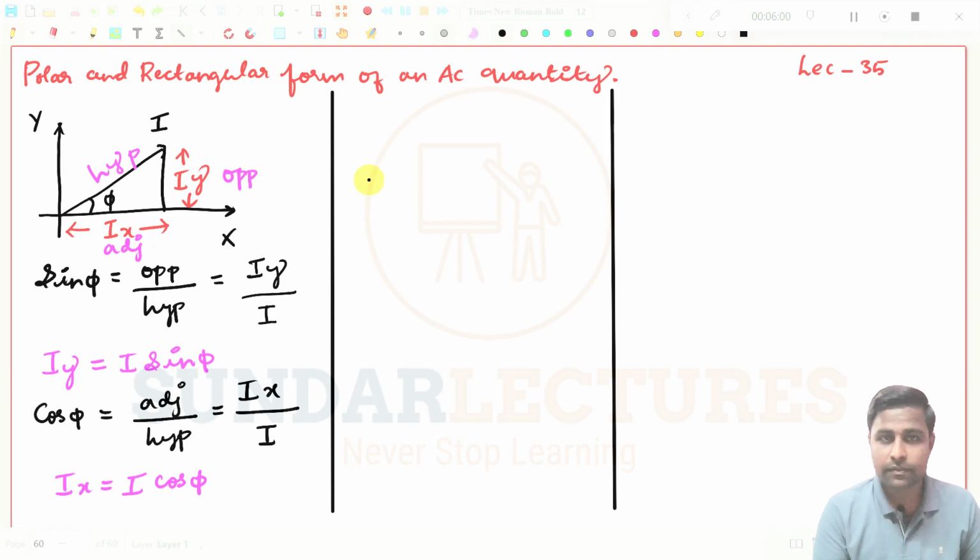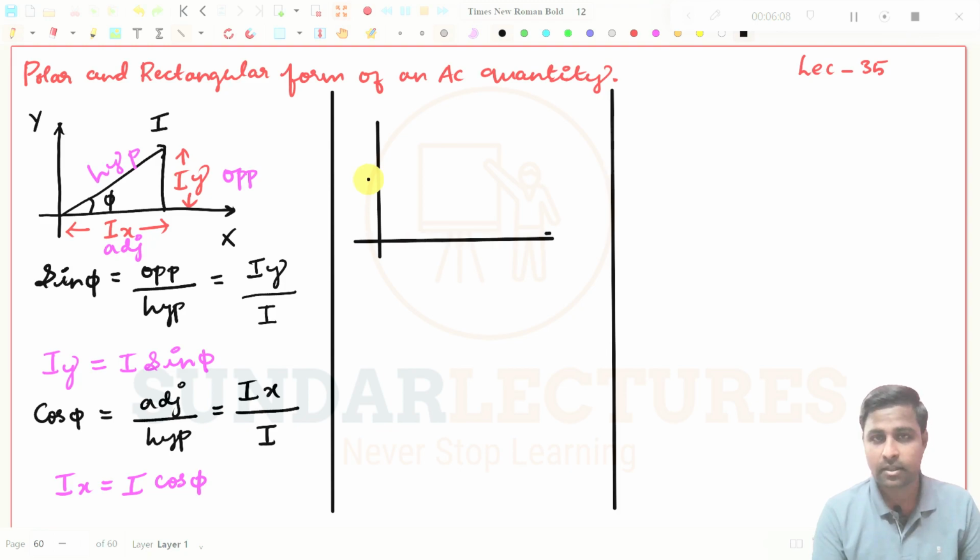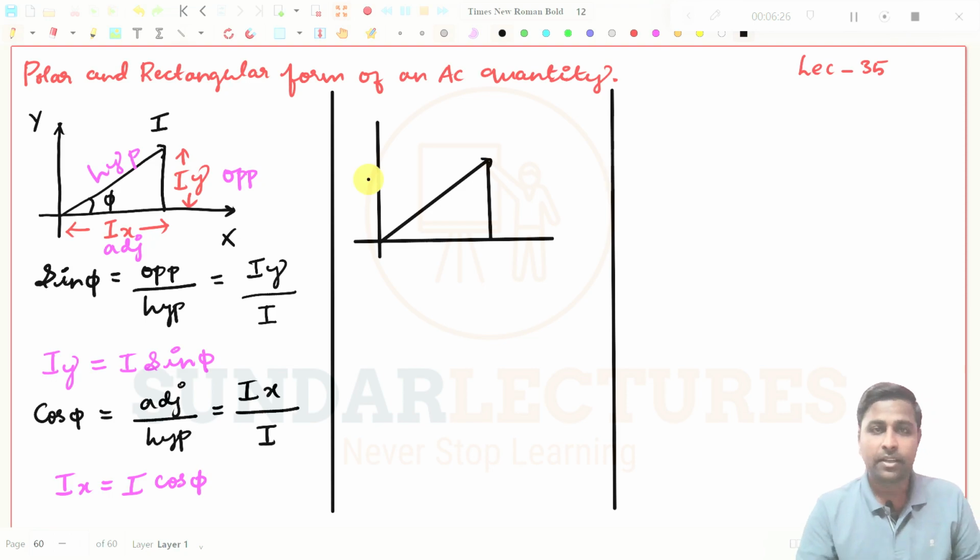See, if this is the y-axis, and if this is the x-axis, and this is the value, that is I. If I draw like this, then I can simply write, if this is the value of I, then this value, which is Iy, is I sin pi.